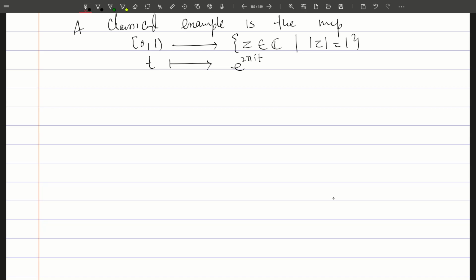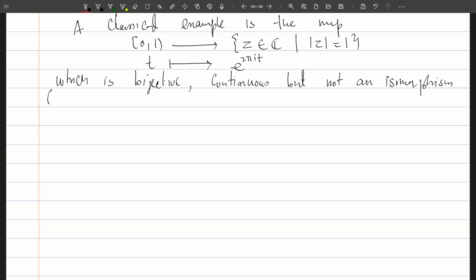So this map is bijective and continuous, but not an isomorphism, since it is not a homeomorphism.